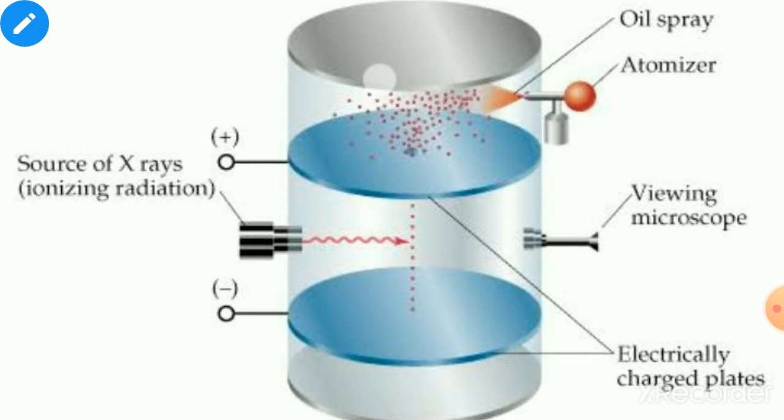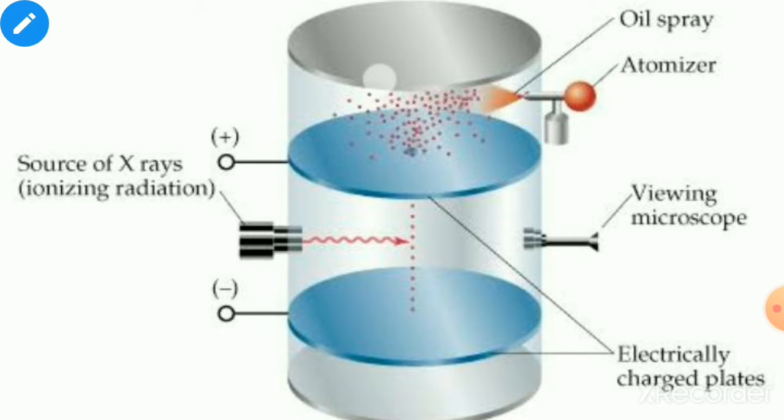Above the upper plate is an atomizer, that is, an oil spray. The atomizer of oil can be adjusted.